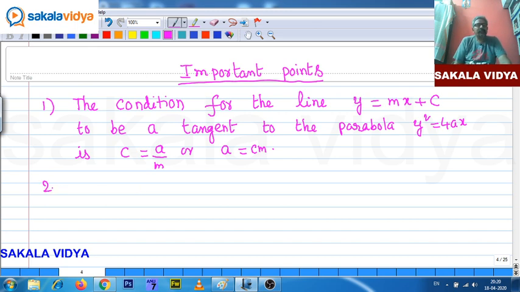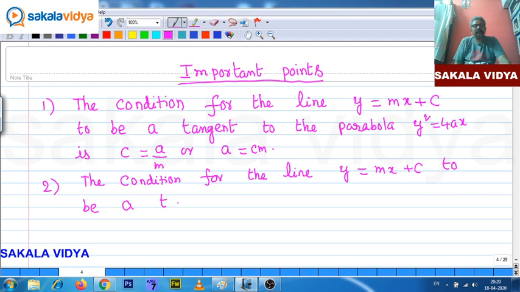Next, second point, the condition for the line y is equal to mx plus c to be a tangent to the parabola x square is equal to 4ay is c equals to minus am square.